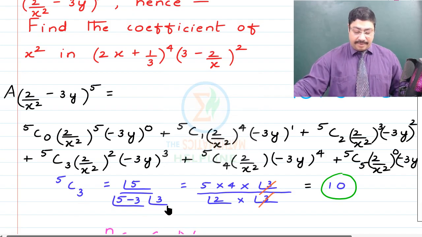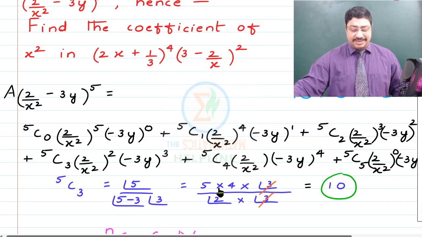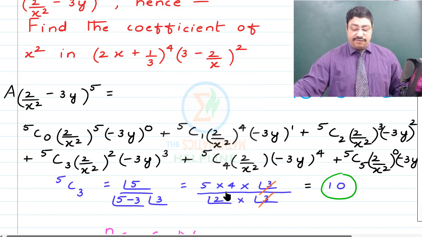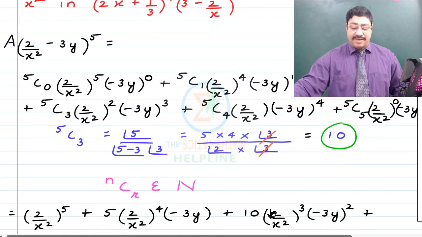Further then, we keep the values here. There's one trick which was used: as the biggest factorial that we'll get in the denominator is factorial 3, we'll convert this as 5 into 4 into factorial 3. So factorial 3 will get cancelled, and you'll find that 5 into 4, which is 20, will get divided by 2 into 1, that is just 2, to give you 10.